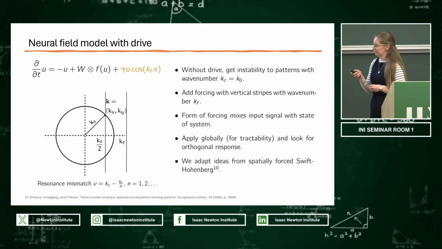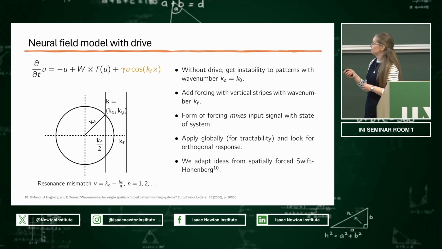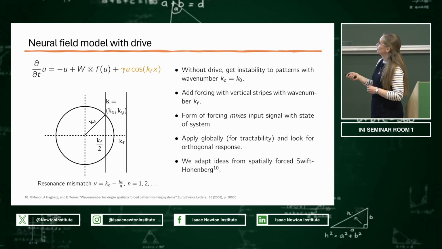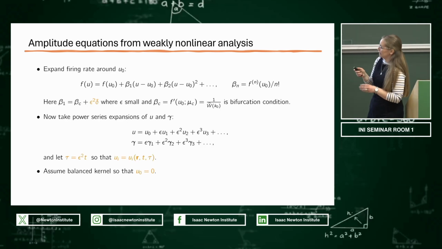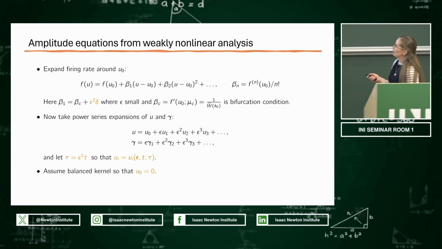So we're going to adapt for neural field models some ideas from some results of Manor and Miron, who were looking at the Swift-Hohenberg equation. Here's how the weakly nonlinear analysis goes. It's pretty standard.